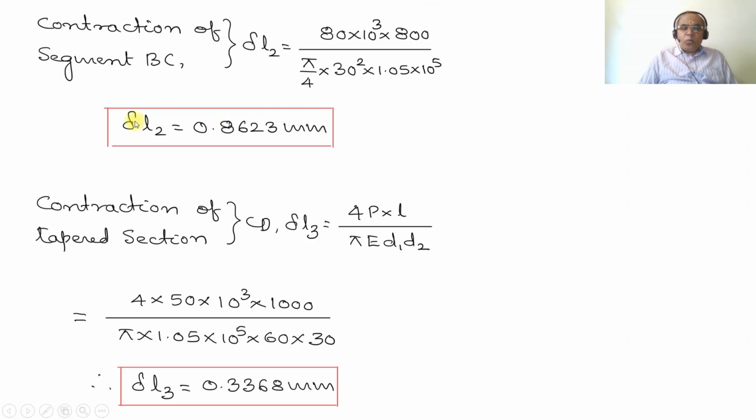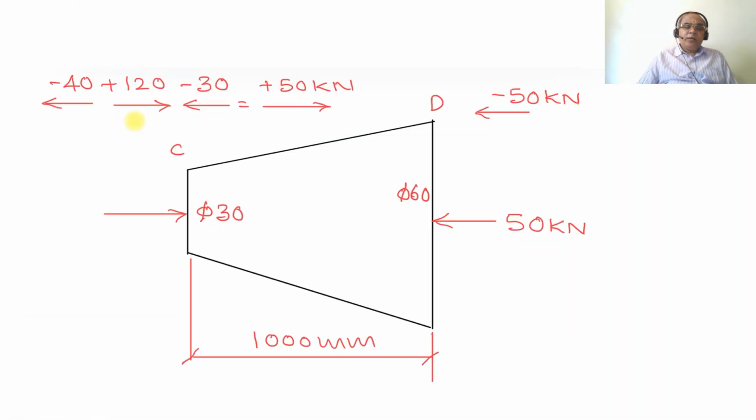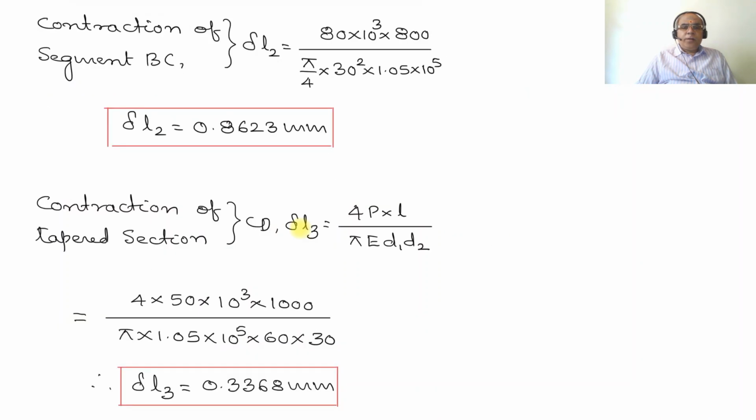Then again we have the tapering bar, a tapering round bar, varying from a smaller end diameter of 30 to a bigger end diameter of 60, and the load is a compressive load of 50 kilonewton over a length of 1000 mm. What is the formula for the tapering bar? Delta L3 will be equal to 4 into P into L, by pi into E into D1 into D2.